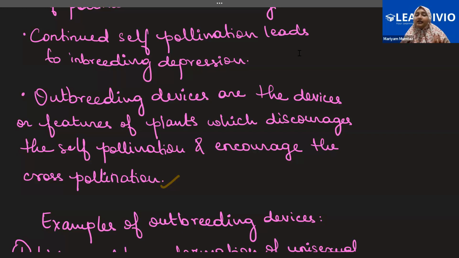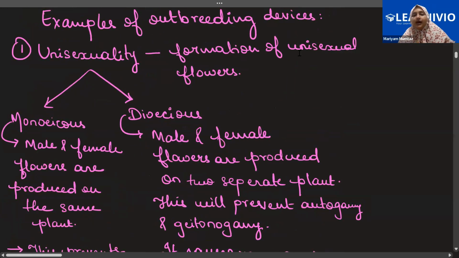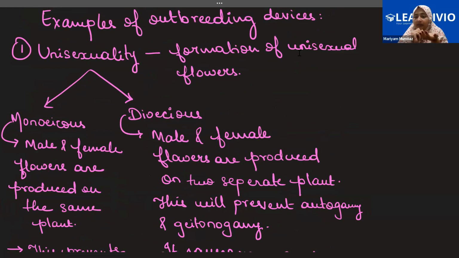Okay. So outbreeding devices, see, devices does not mean anything; devices means the mechanism of a flower. How does it perform in order to lessen the amount of self-pollination taking place and increase the amount of cross-pollination taking place? So let us see what are those things. The first thing is unisexuality. We know that for bisexual flowers, wherein one flower contains the male and the female part in one only, automatically it will undergo self-pollination because the male is there, the female is there.